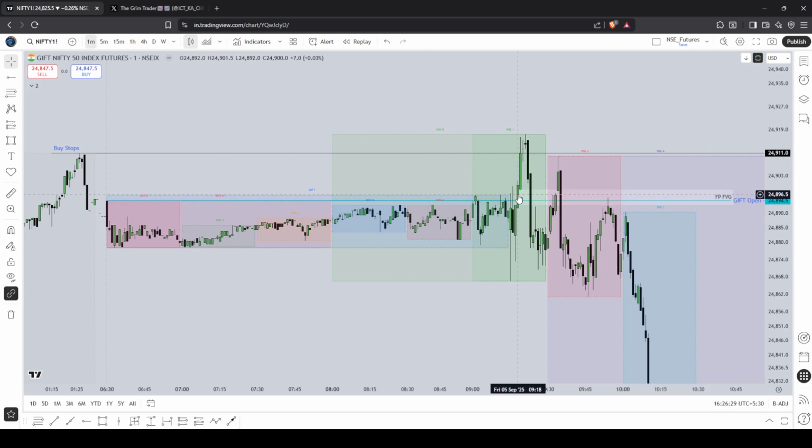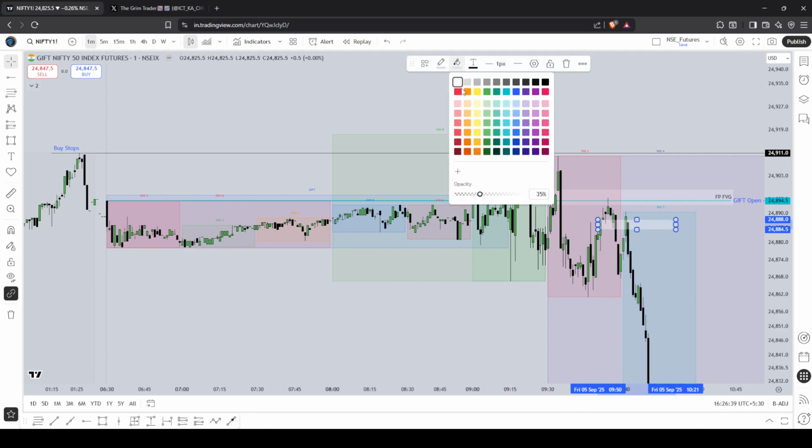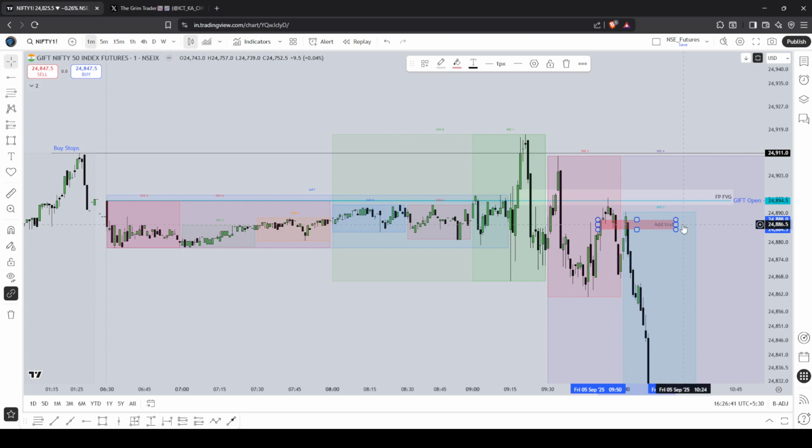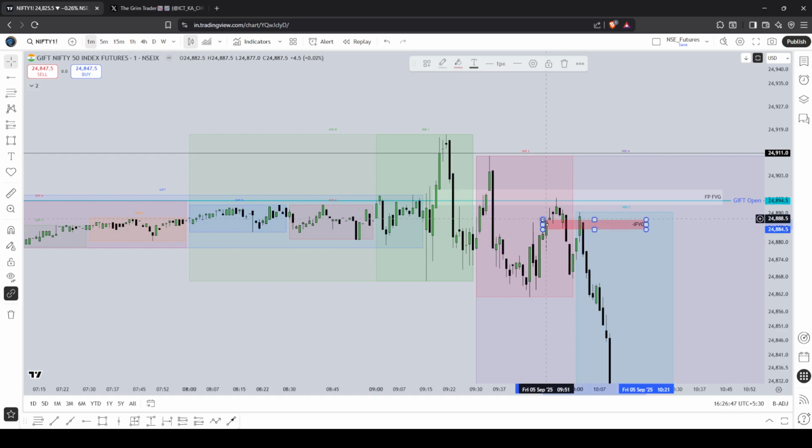After that, this formed at 9:18. This is being rejected here. Now you can call this an IFVG. You can trade this, or you could wait for a model 2022, which is like here.